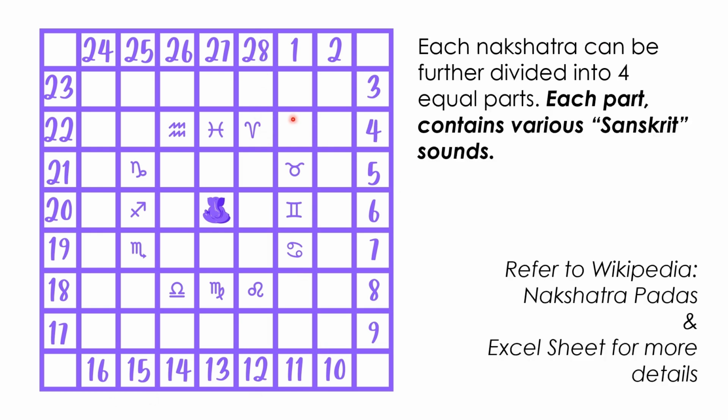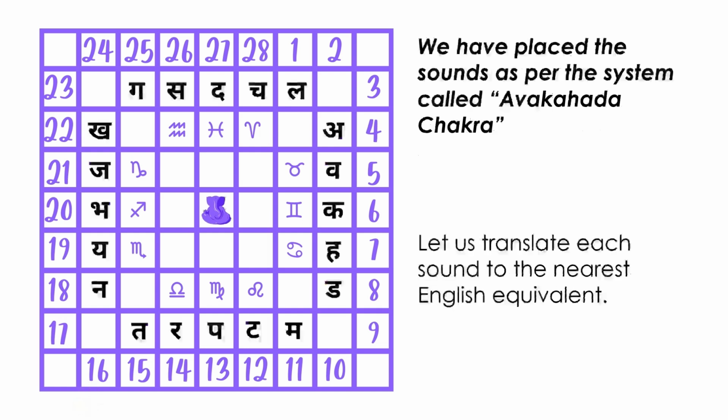Each nakshatra can be divided into 4 equal parts, and each part contains various Sanskrit sounds. For understanding these sounds, you can refer to Wikipedia and go to nakshatra padas, or just check out my Excel sheet for the same. So we have placed the sounds as per the system called Avakahada Chakra.